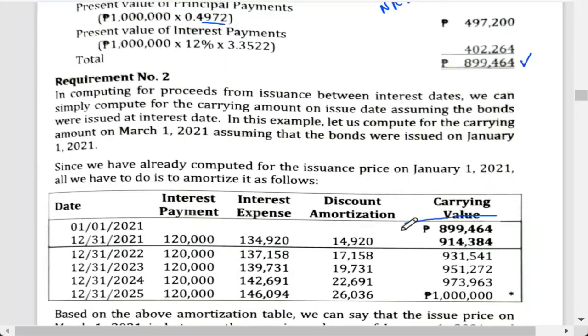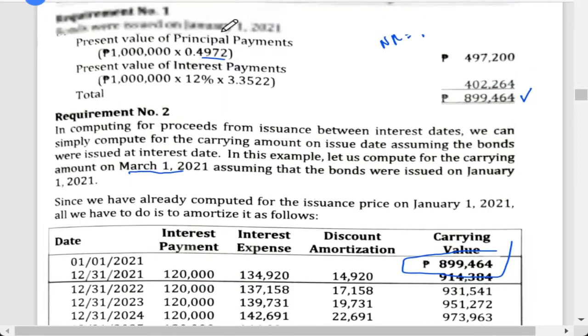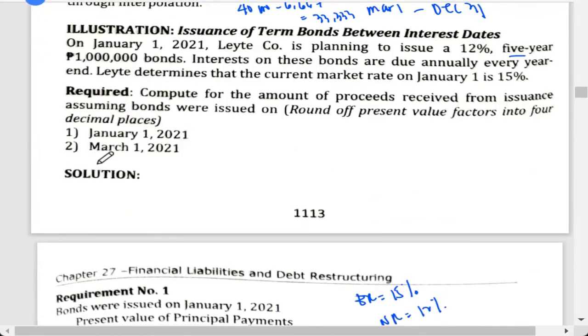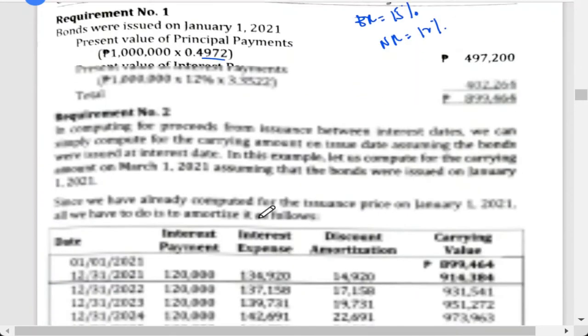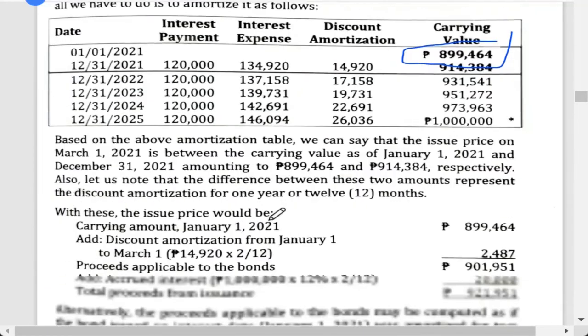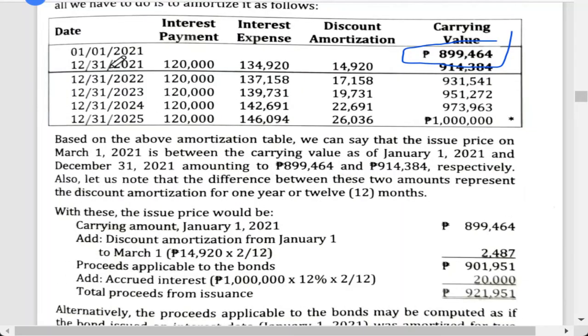But this one is the carrying value if the bonds were issued exactly on January 1. But since the bonds were issued not on January 1 but March 1, based on letter B or requirement 2, we need to get the carrying value starting March 1, 2021.